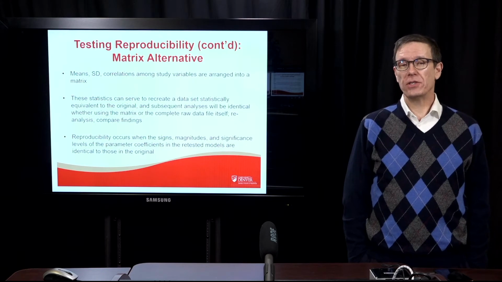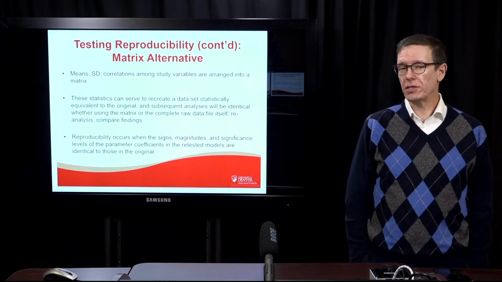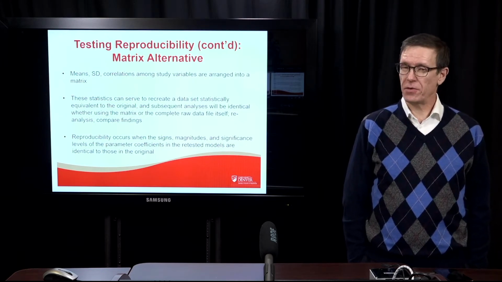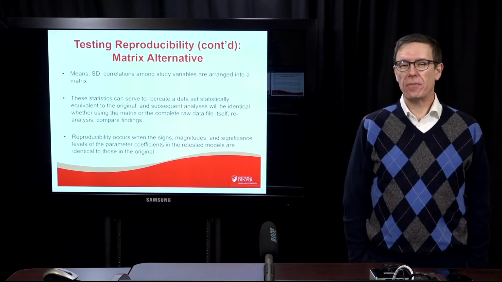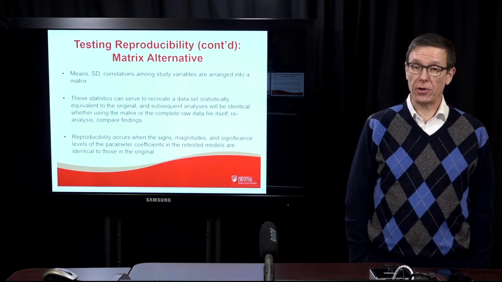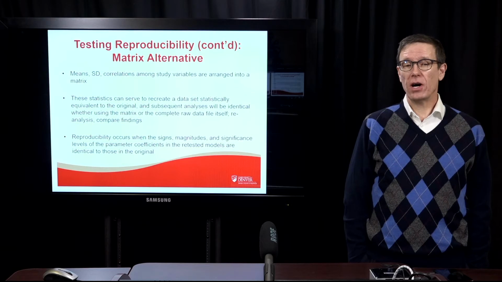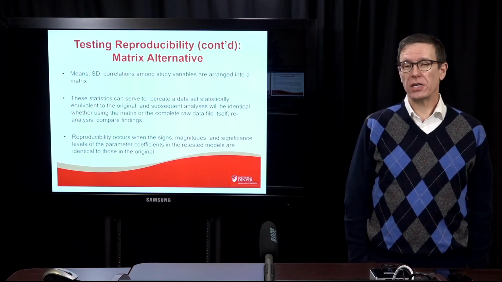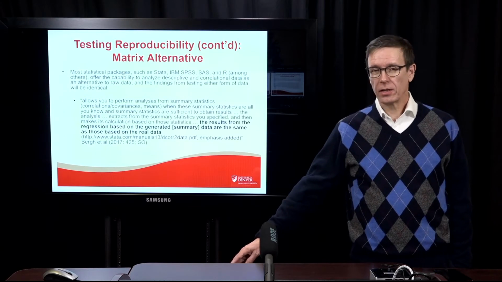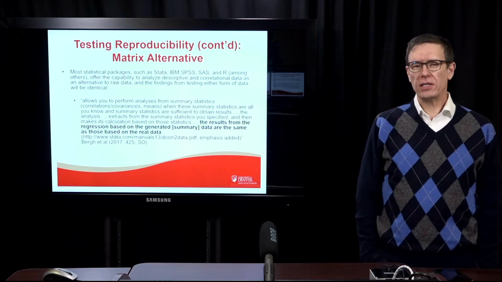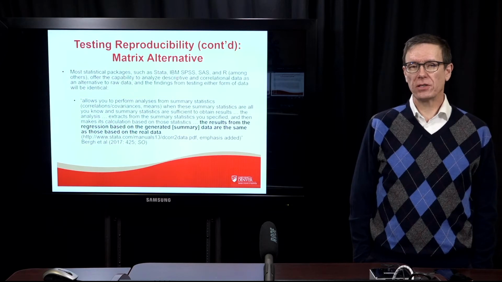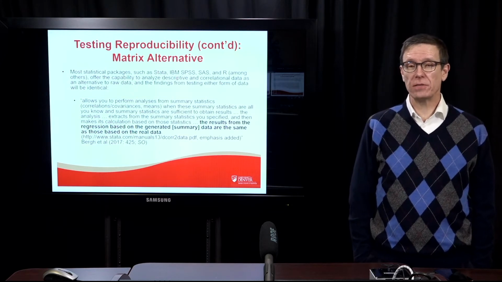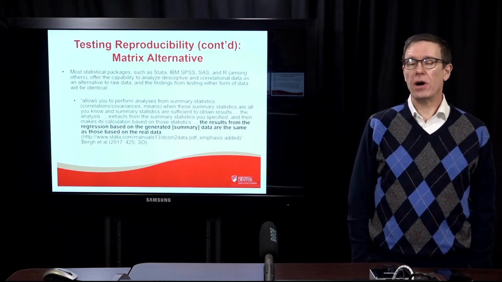That allows us, using this matrix, to rerun the models that we see in a focal study, then compare the findings. Reproducibility would occur when the signs, the magnitudes, the significance levels of the parameter coefficients, and indeed the parameter coefficients too, in the retested models are identical to those in the original. So what we do then is we use this data matrix and run it through our conventional statistical packages, such as SPSS, SAS, R, among others.